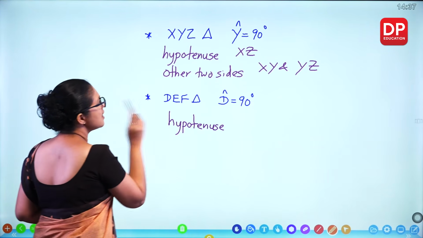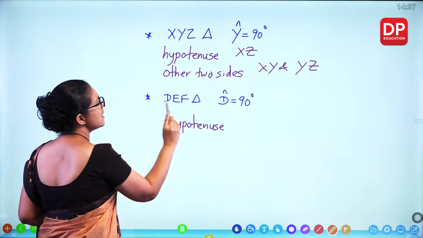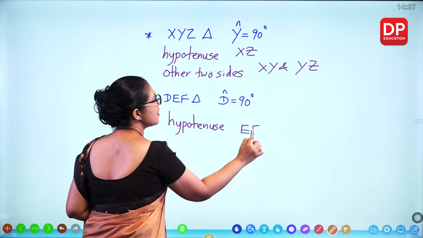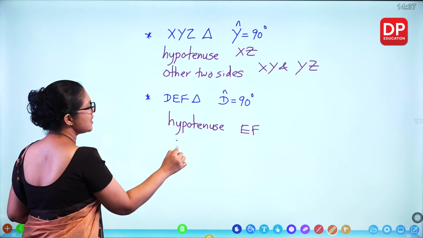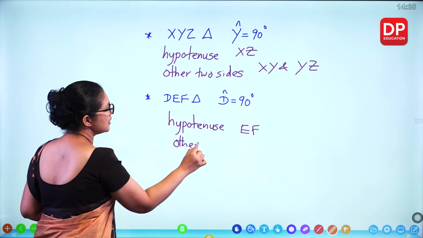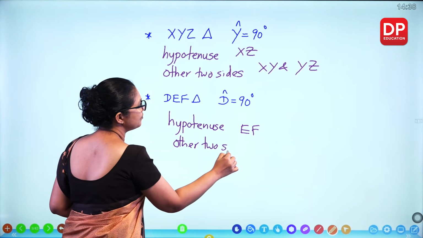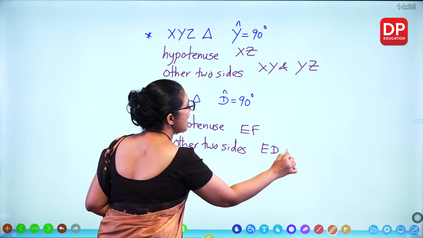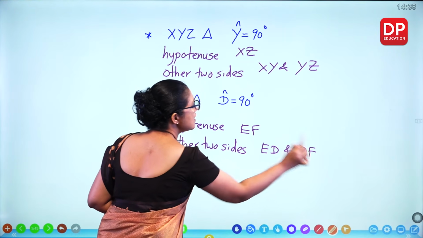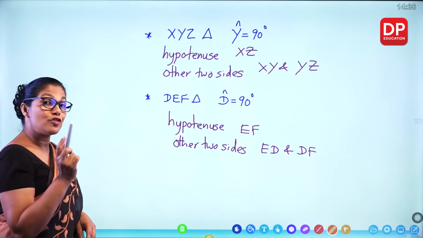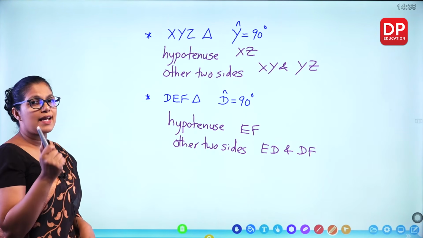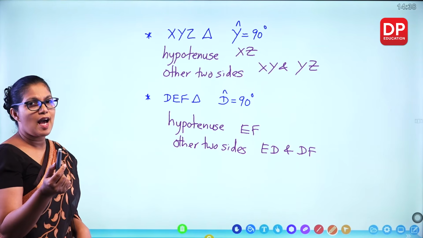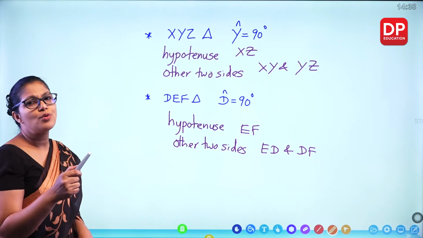Without D, EF. Then what are the other two sides? ED and DF. So you should be able to identify the 90-degree angle, the hypotenuse and the other two sides.